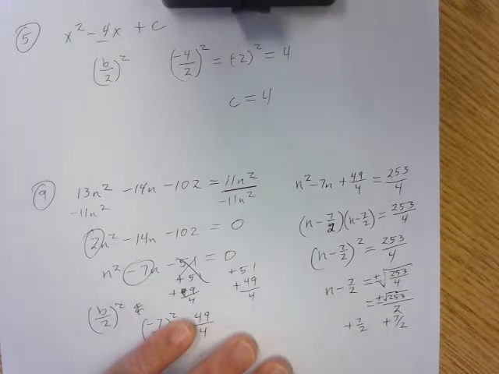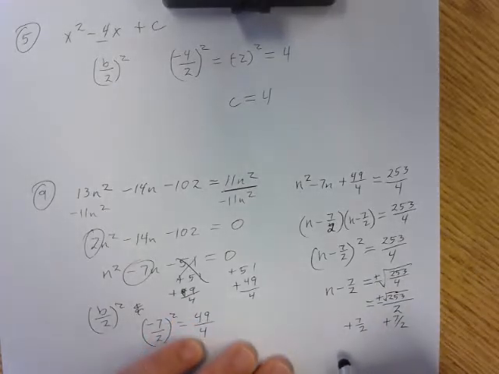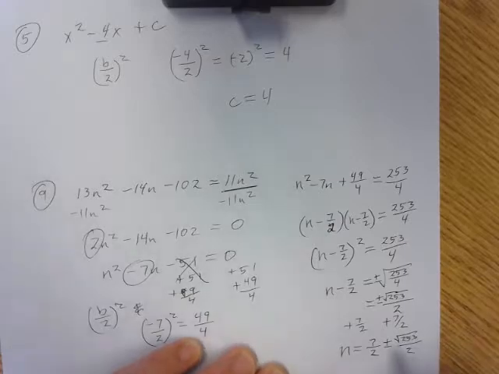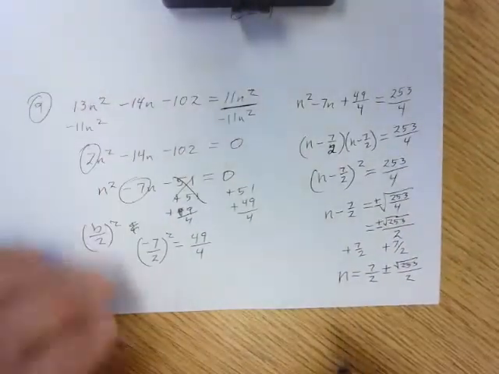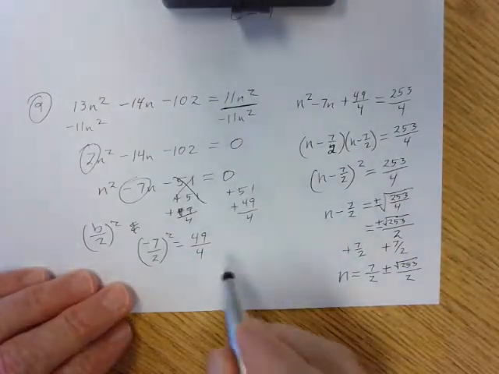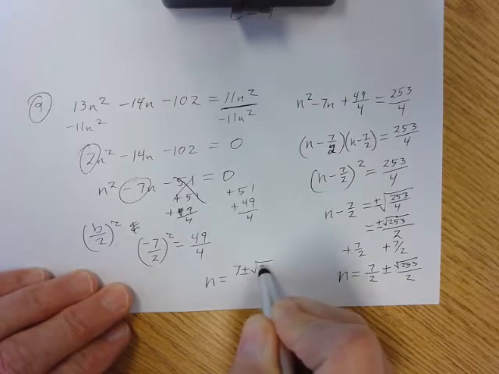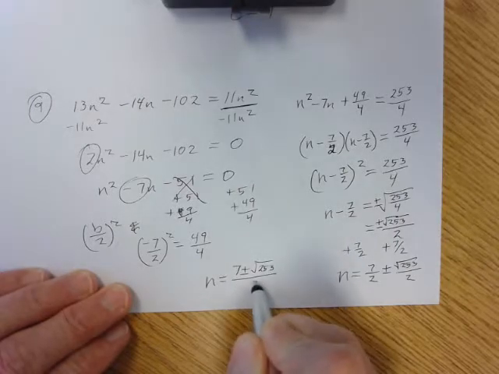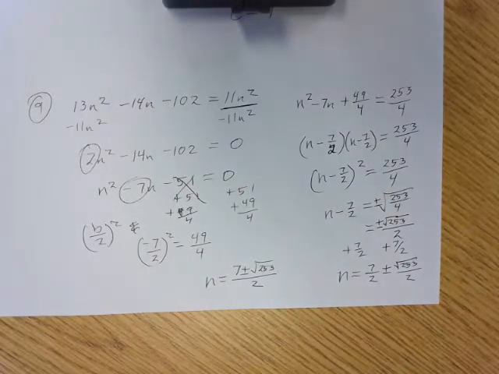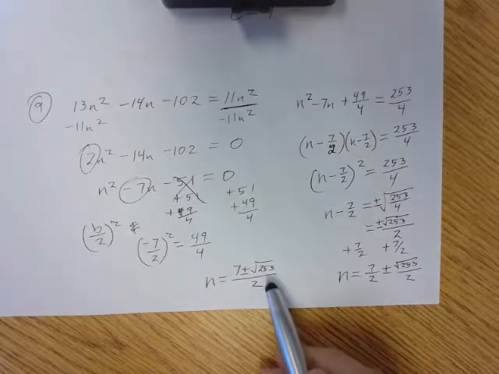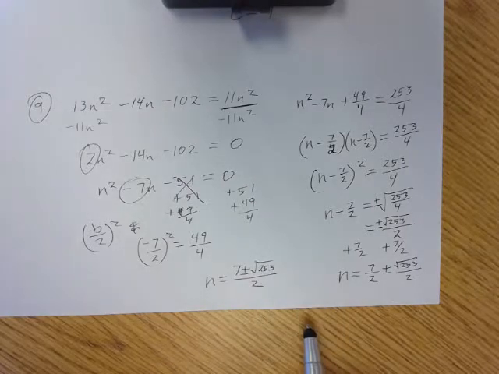I forgot about that. It's the positive and negative square root. That gives us two answers. So n is equal to 7/2 plus or minus the square root of 253 over 2, or you could write that as n is equal to 7 plus or minus square root of 253, all over 2, and I don't think that reduces the square root of 253.